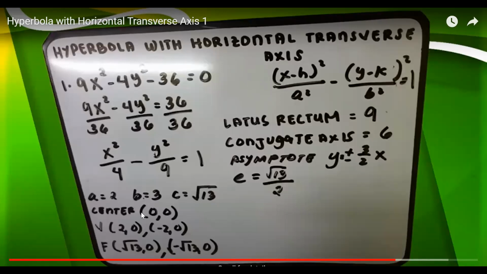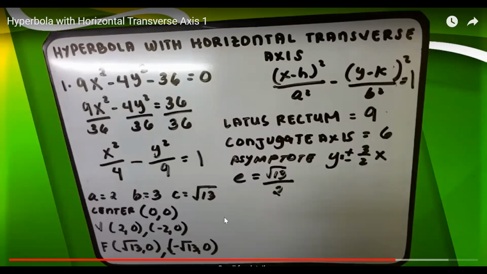And then for the center, that is just h, k. So the coordinate of the center is 0, 0. It means the graph is located at the origin of the Cartesian plane. And then for the vertices, again, we just use the formula, and then we got the coordinates of the vertices as 2, 0 and negative 2, 0. For the foci, again, we also use the same method, but we have different numbers to substitute.